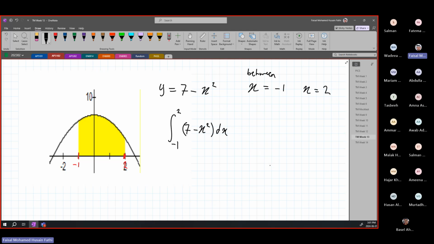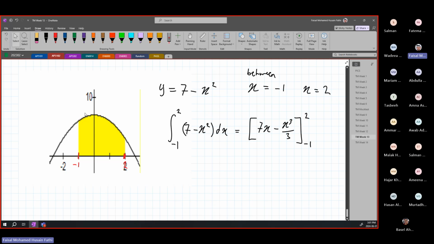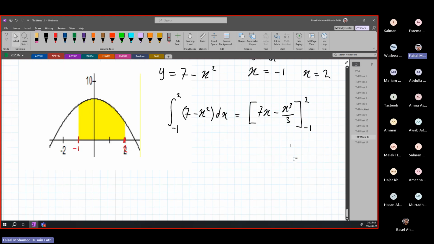All right. So this is going to be equal to the integration from -1. We can separate it, but I'm actually going to solve it directly here. So this is equal to 7x minus x cubed over 3 from -1 to 2. If we just integrate this directly, the 7 becomes 7x, and the minus x squared becomes minus x cubed over 3.